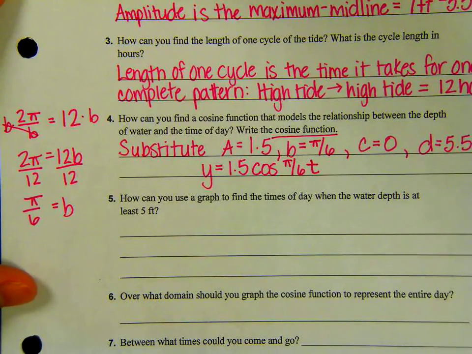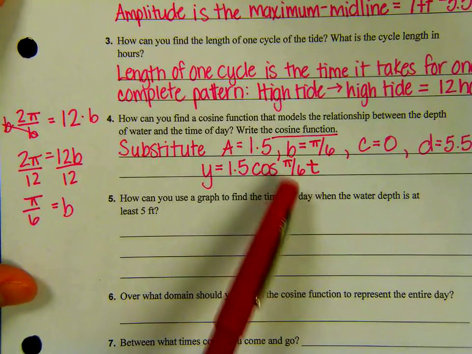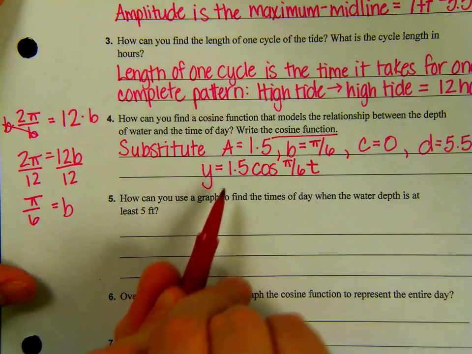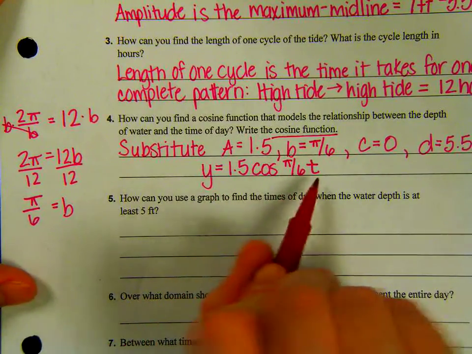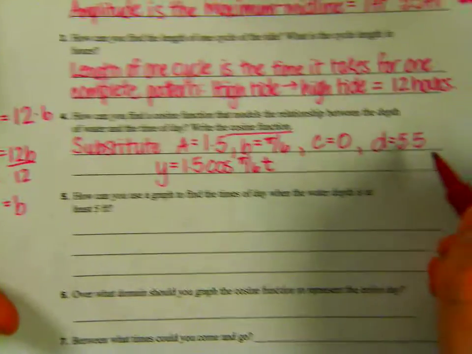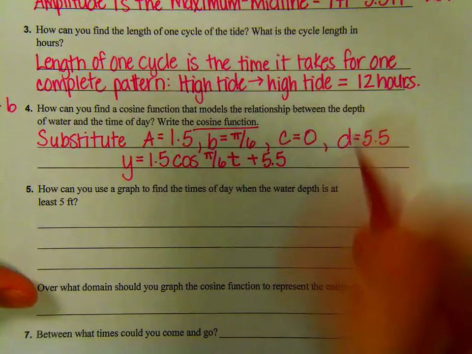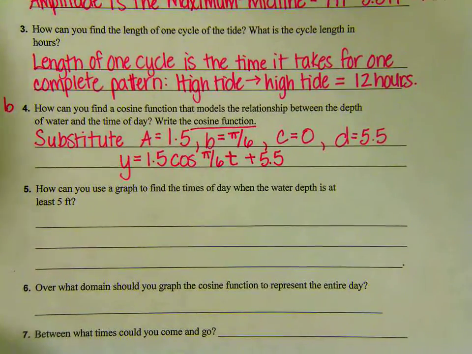We don't have a C value, so you don't need a set of parentheses. So y equals 1.5 cosine pi over 6t, and then we have the last number, the D value, which is plus 5.5. So now I have my function.